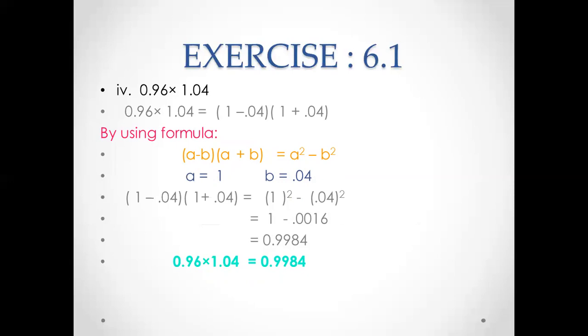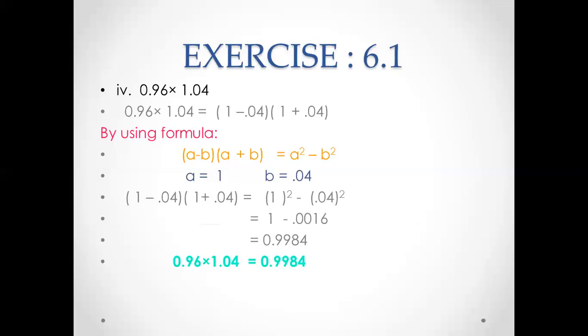According to the formula, a minus b into a plus b is equal to a square minus b square. So instead of a, you put 1 and instead of b, you put 0.04: 1 minus 0.0016. When we simplify, we get our answer.